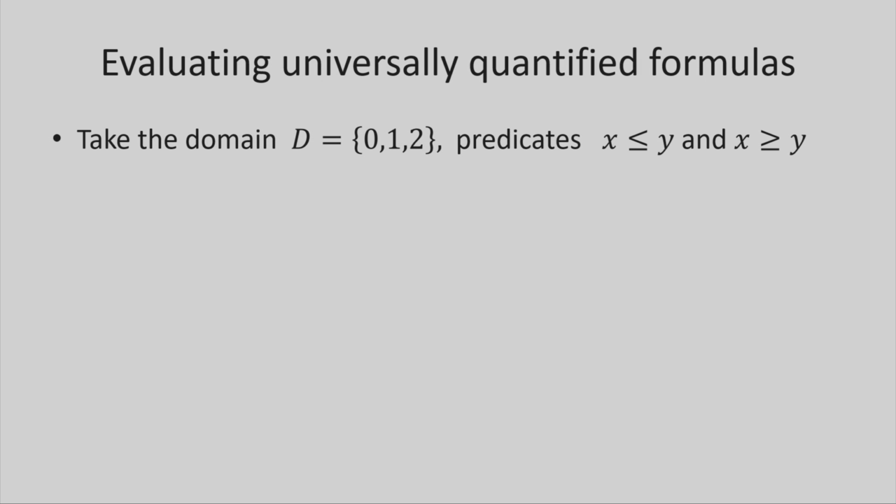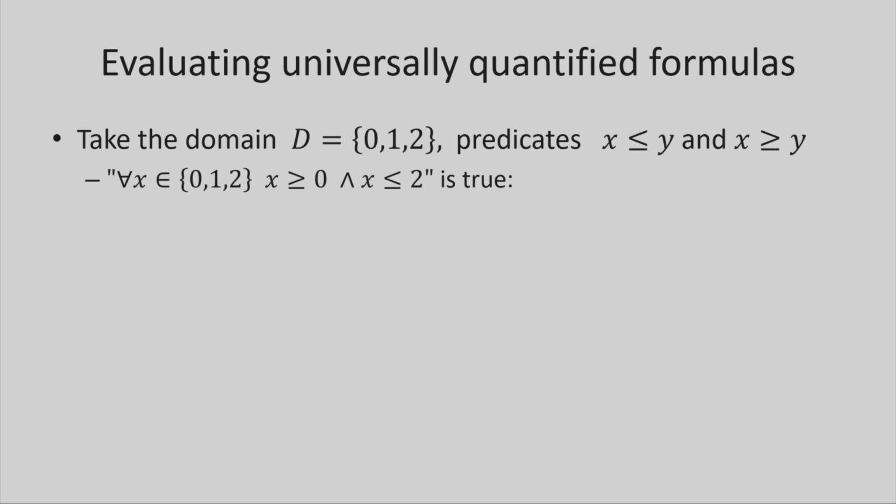So, because we want something small, let's take the domain to be just 3 elements, 3 numbers, 0, 1, and 2. And let's take familiar predicates x less than or equal to y and x greater than or equal to y. So notice that here I'm using less than or equal and greater than or equal, so they're going to behave a little bit nicer than the strict less than that we saw in the example.